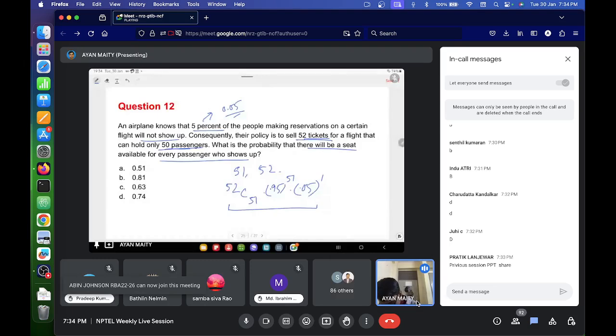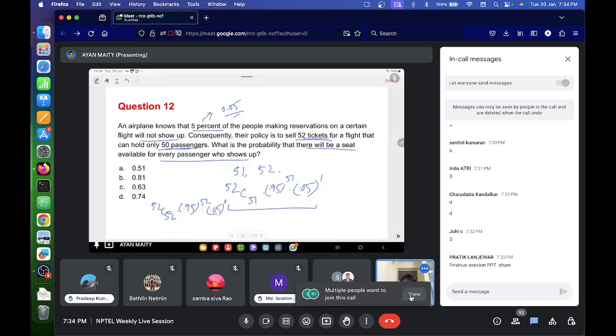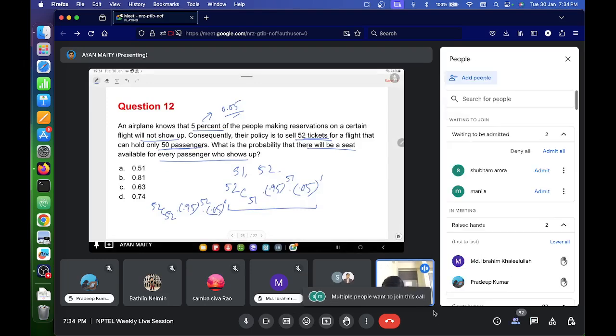Similarly, if 52 passengers show up, all the passengers show up, 52 C 52 into 0.95 to the power 52 into 0.05 to the power 0, because none of them are absent, all passengers are present. So this is the probability that all 52 show up and 2 passengers will not get a seat, because there are only 50 seats in the airplane.